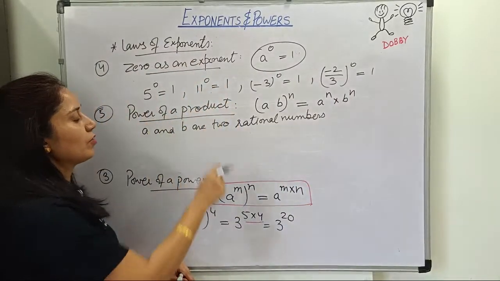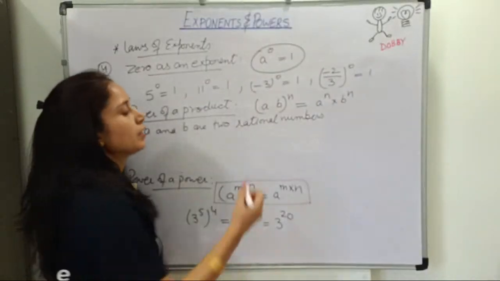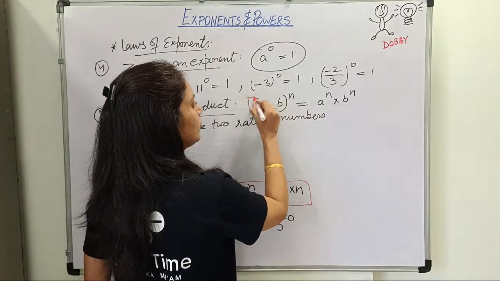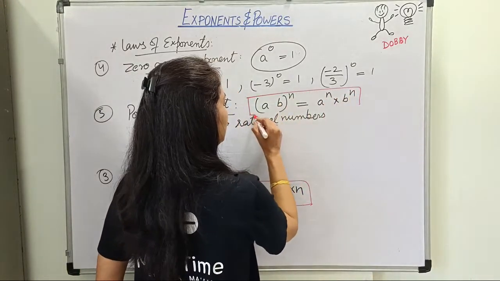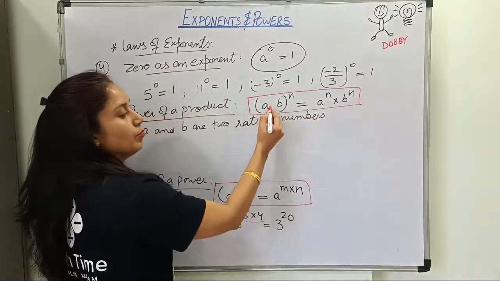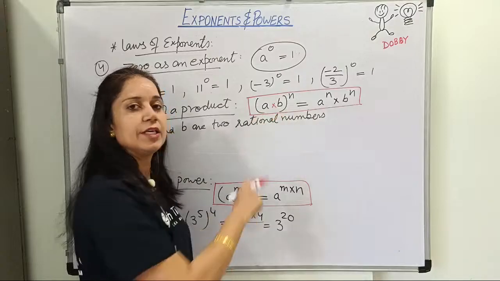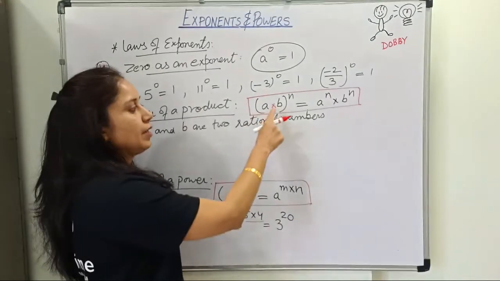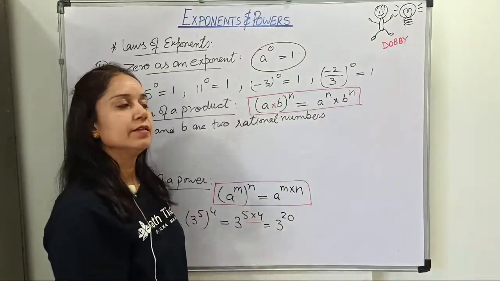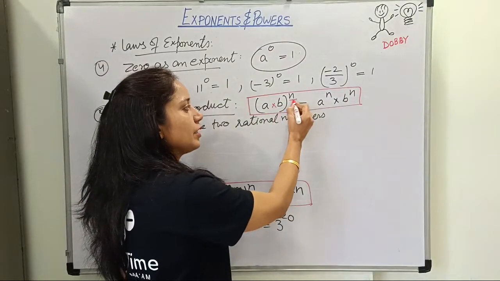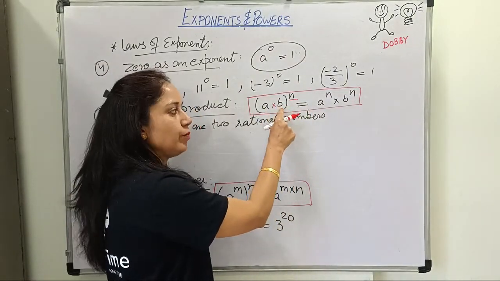This is the power of a product. A multiply B, written together, it is understood that there is a multiplication sign in between. A multiply B raised to the power n, that means this power is applicable to A and B both.